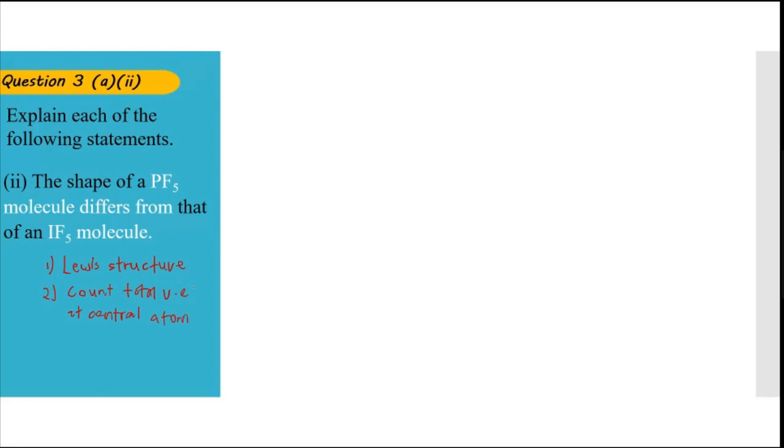After getting the total valence electron, we have to count how many bonding pair, how many lone pair. Total electron pair, not valence electron, at central atom. And then the third one, you get the shape or geometry.